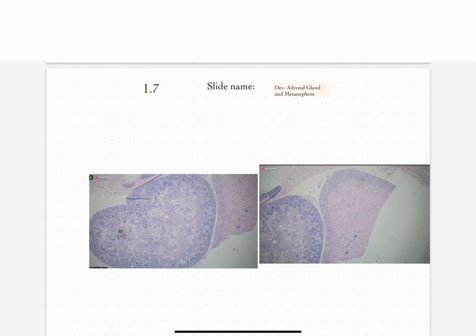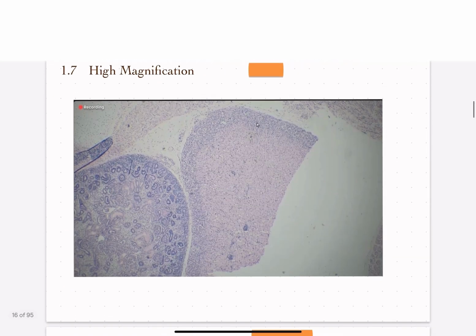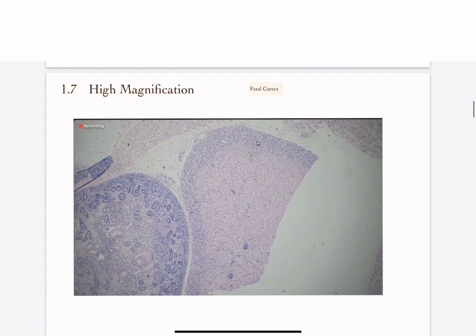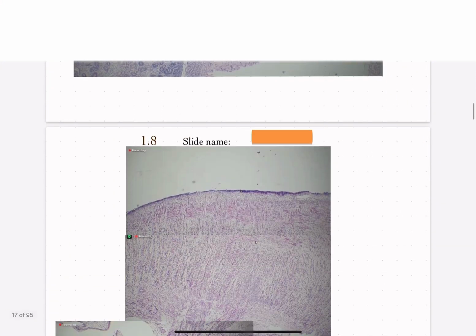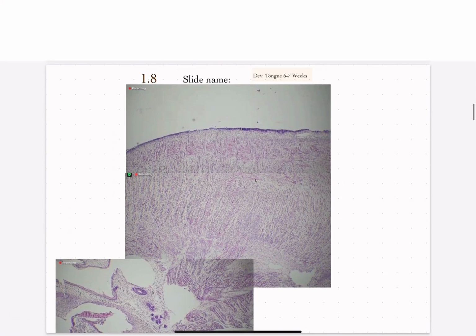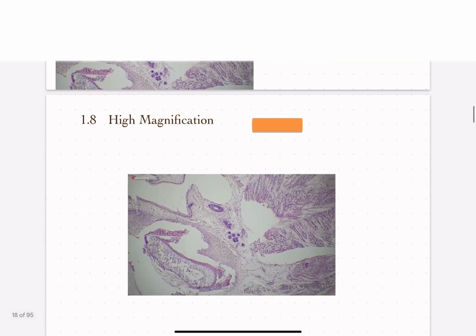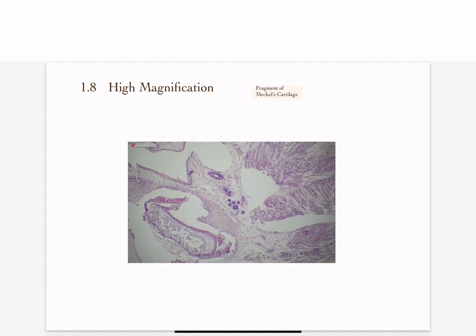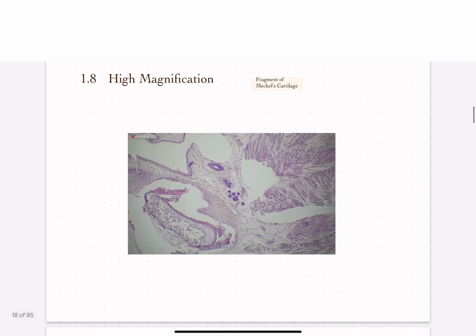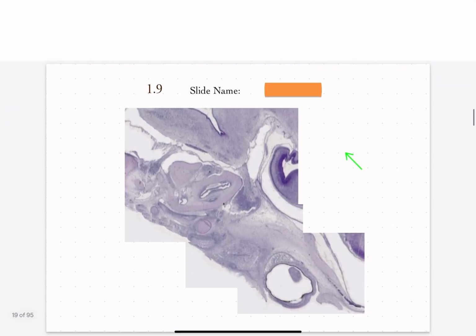1.7 is the developing adrenal gland and metanephros slide. And then the structure is the fetal cortex. 1.8 is the developing tongue, 6 to 7 weeks. Again, just a new image. And then for the structure, it was the fragment of Meckel's cartilage. It's enough to write in apoptotic Meckel's cartilage as well.